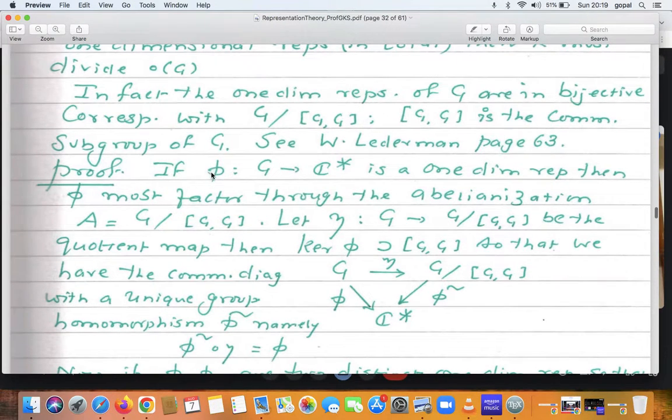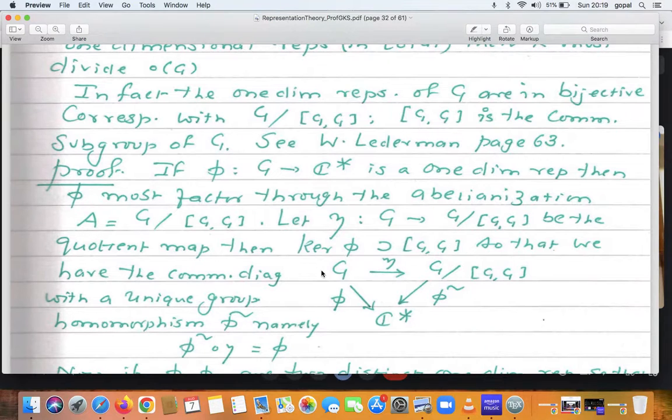Suppose you take a map phi from G to C star, a degree 1 representation. Then phi must factor through the abelianization, which is G modulo the commutator subgroup. Let eta from G to the abelianization be the quotient map. The kernel of phi must contain the commutator subgroup.